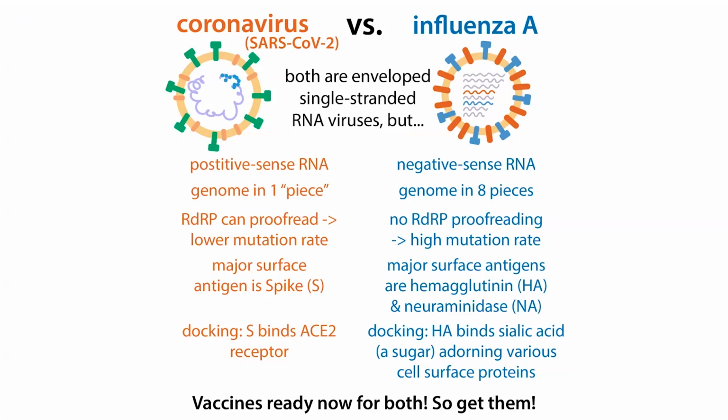Like all coronaviruses, it is an enveloped single-stranded RNA virus, and influenza A is also an enveloped single-stranded RNA virus. But the coronavirus has positive sense RNA, so it doesn't have to make a copy of its RNA before it makes proteins. It can get straight to work making proteins, or getting our cells to make proteins for it.